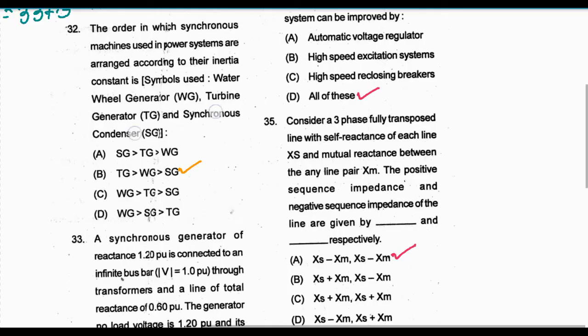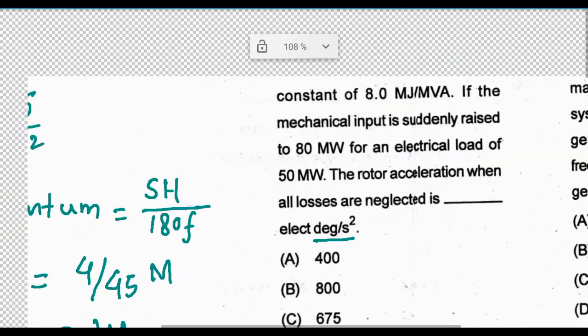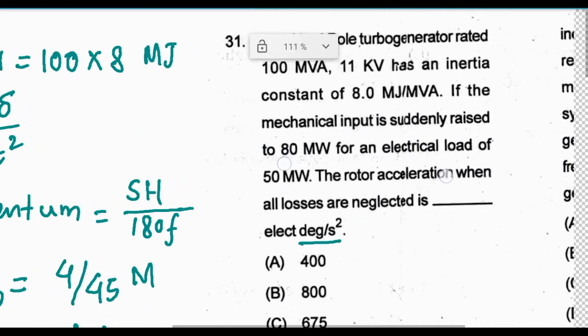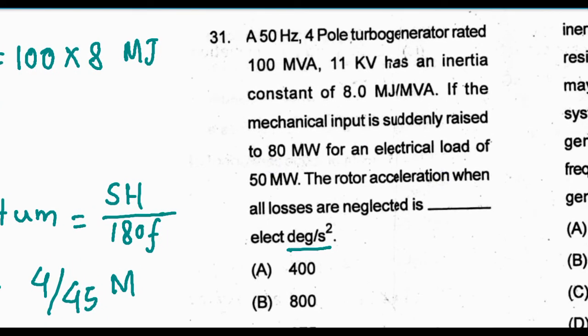Next question, number 31. A 50 Hz 4-pole turbo generator rated 100 MVA, 11 kV has an inertia constant of 0.8 megajoule per MVA.